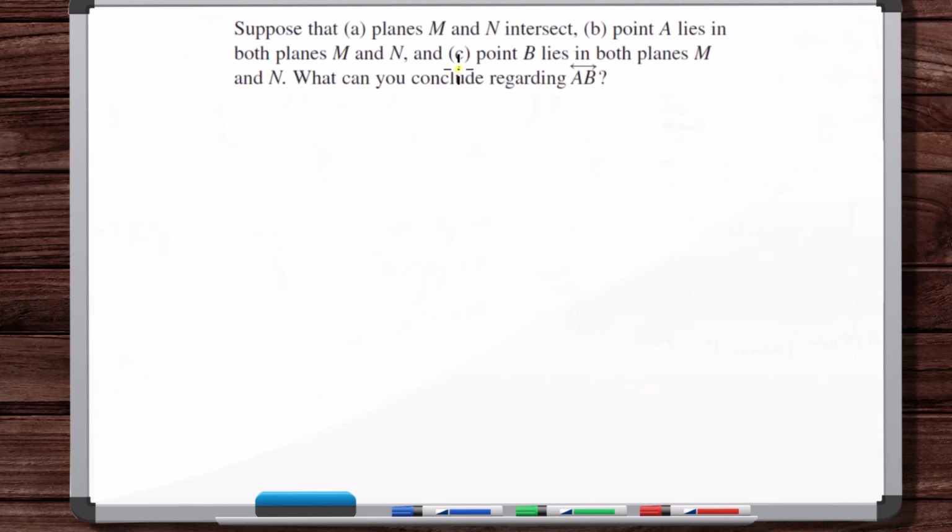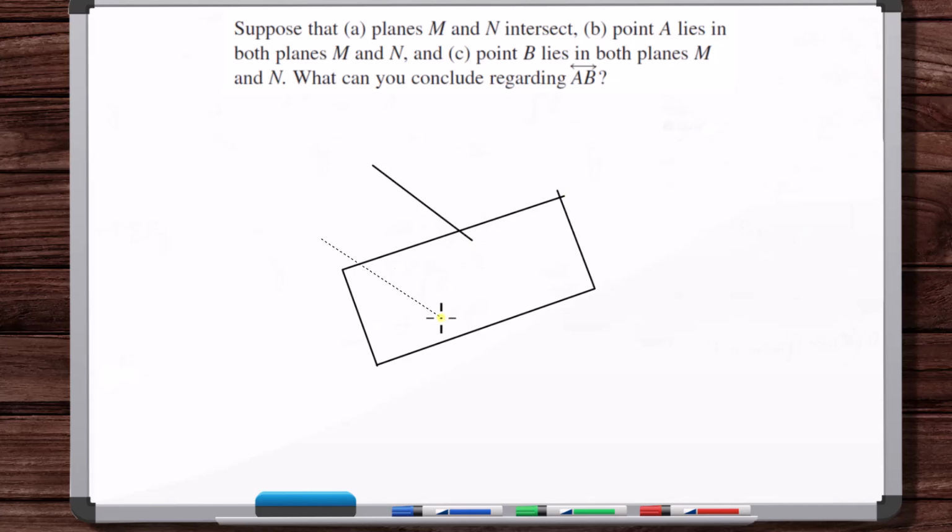Suppose that planes M and N intersect. Point A lies in both planes M and N, and point B lies in both planes M and N. What can you conclude regarding line AB? So we've got plane M and plane N. They're going to intersect at a line.